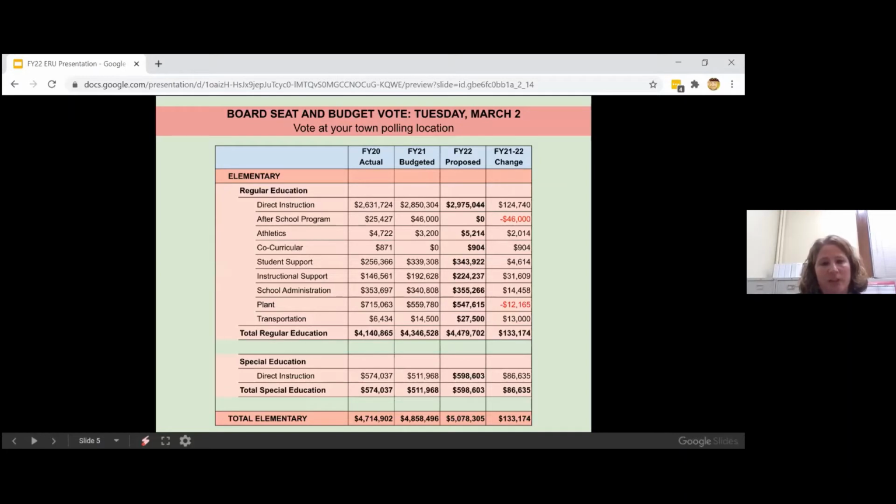Okay, and so now this is our elementary. You can see direct instruction is up slightly, and that is due to salary and healthcare increases. You'll see the after school program is a decrease, and you'll see in following slides that the after school program has been moved to the district expense.